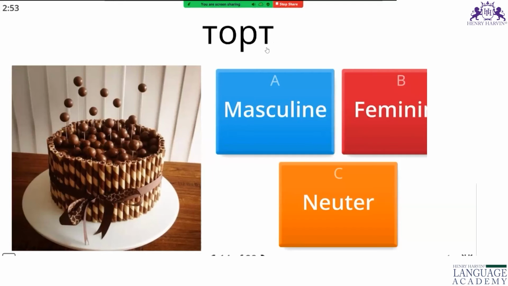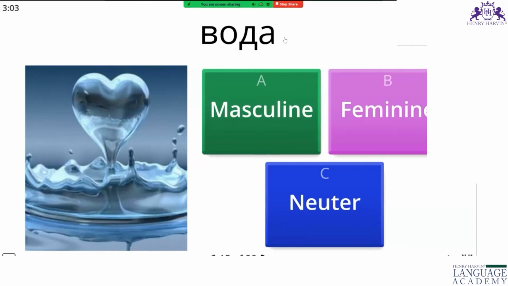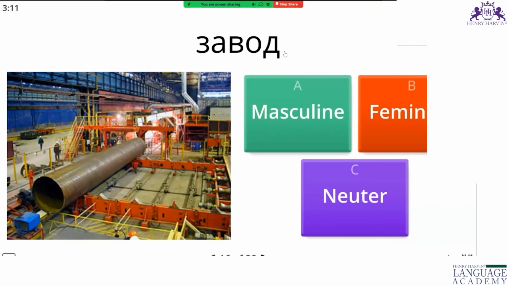Tort, neuter. Check the rule, please. Tort, yeah, masculine. Voda, feminine. Okay, Vishal, please continue.